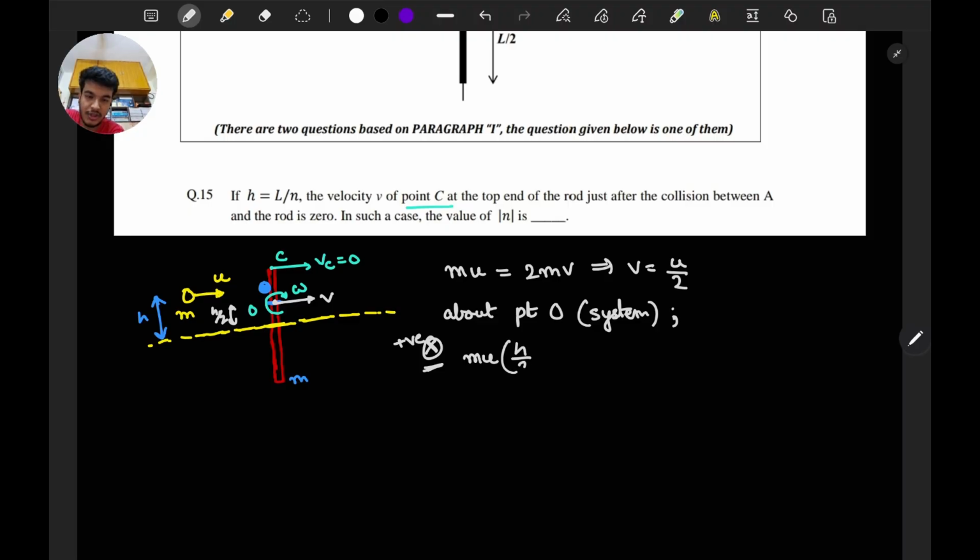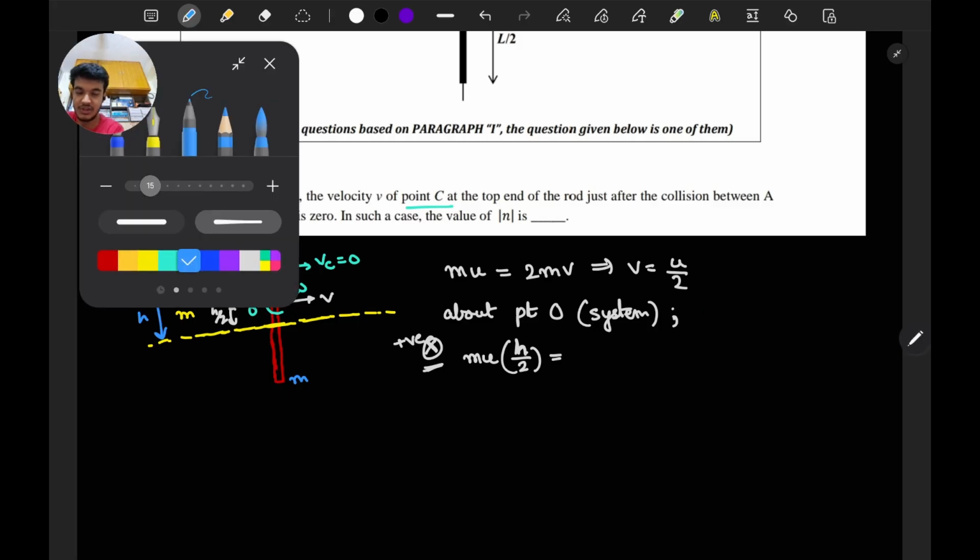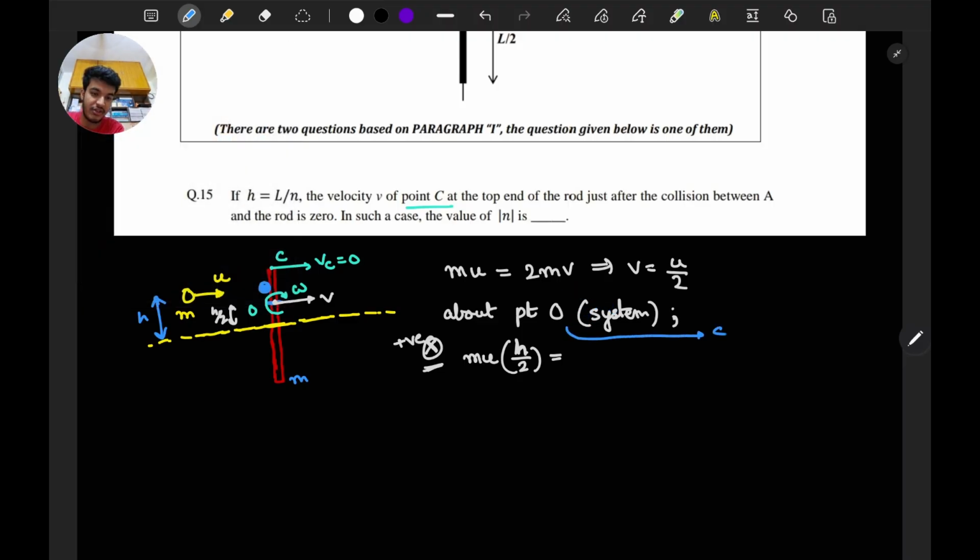So mu h by 2 must be equal to the angular momentum of the rod, because I'm considering the point O, which is the center of mass of the system only, so I don't need to consider the velocity of the center of mass, because we are not taking any other point other than the center of mass. One thing to remember is this point O which we are taking, we are not taking on the rod, we are taking as a stationary point on the ground.